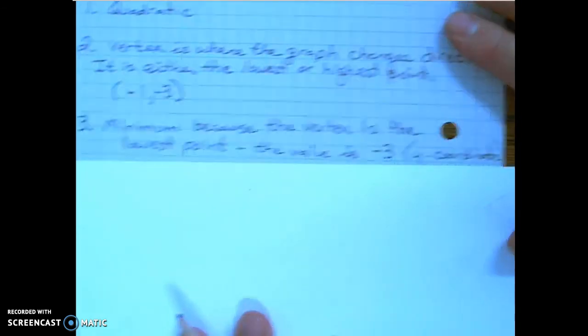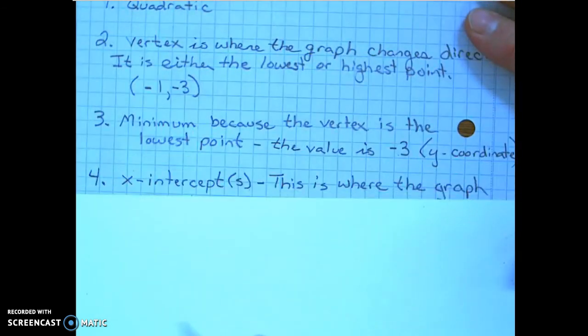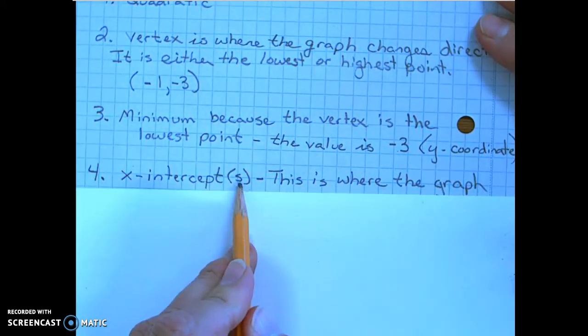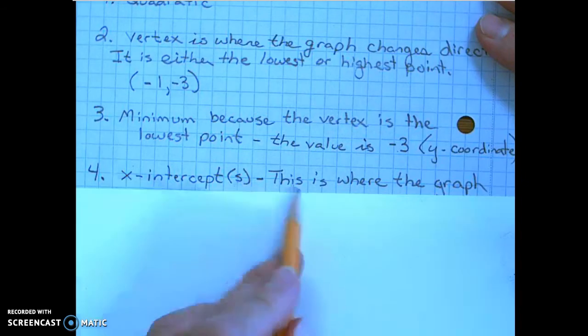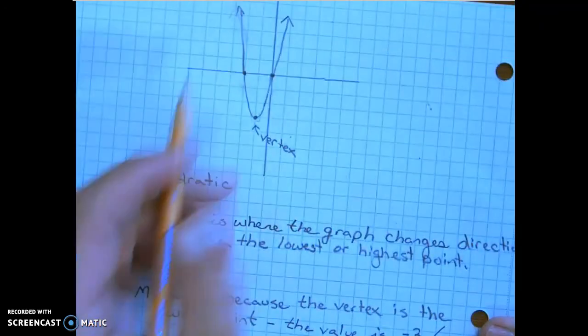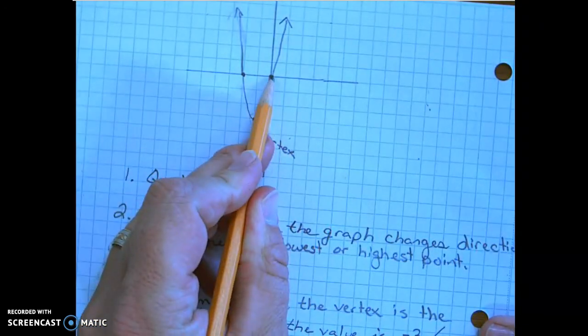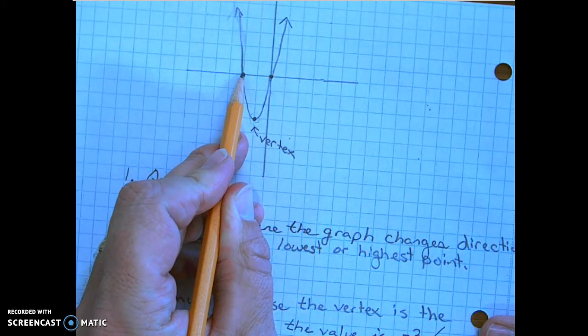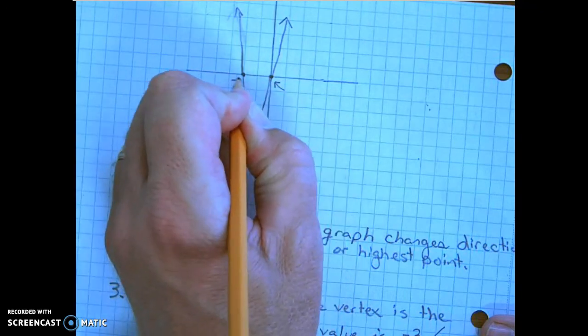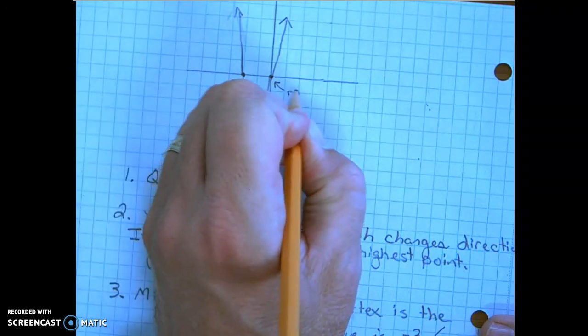All right, number 4, x-intercept(s). Notice I have the s in parentheses, which means there could be more than one. This is where the graph crosses the x-axis. Looking back at the graph, you can see it crosses at (0, 0) and at (-2, 0). These are also called roots.